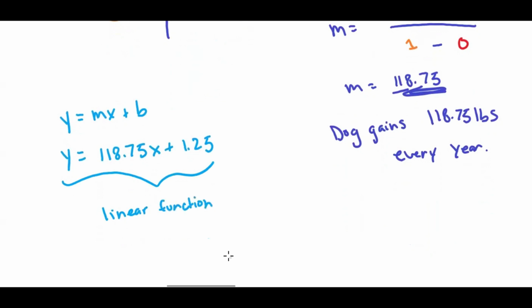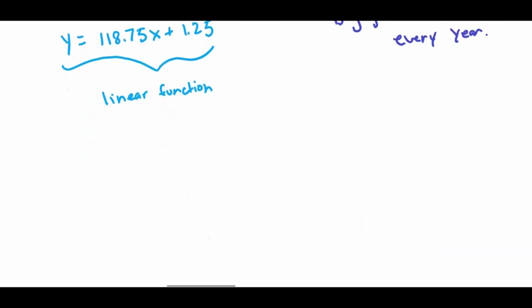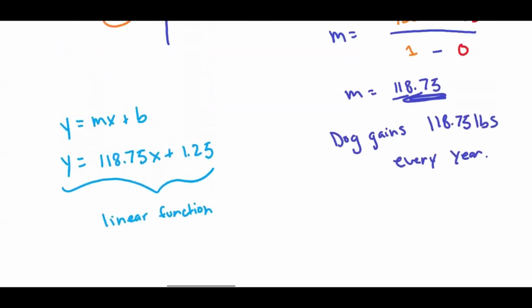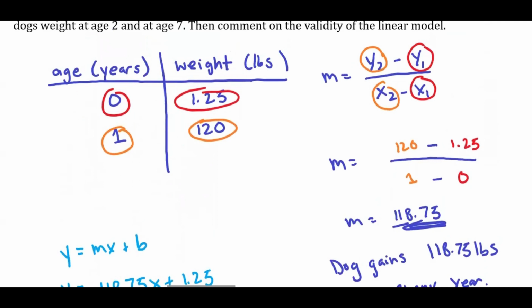Now we get to test it. They want us to figure out, based on this information, what would the dog have weighed at 2, and what would the dog have weighed at 7? Let's find out.